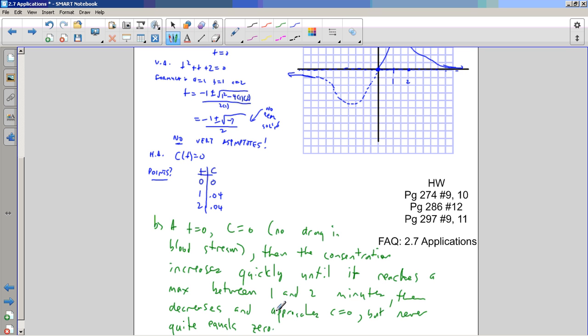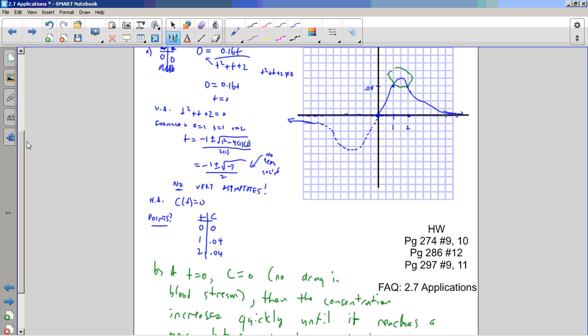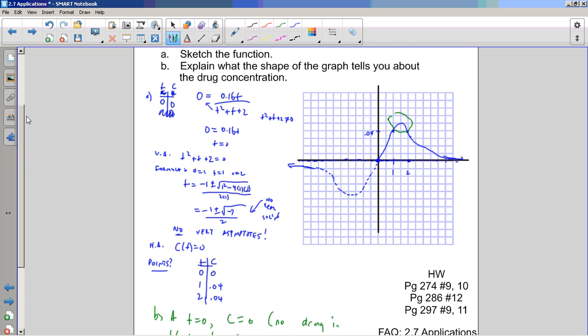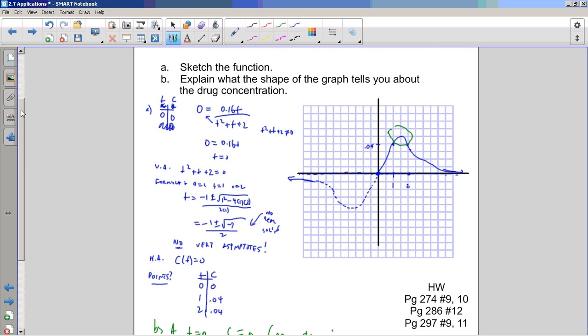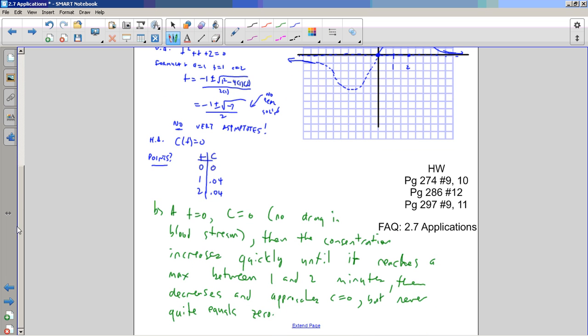So the consequence is, at least according to this model, there's always going to be a little bit of drug in the bloodstream, right? Maybe it's just the math model, or maybe it's like there's a drug residue that will always be with you, at least a little bit. Dandy. And that's the idea of T goes to infinity, C approaches 0, but never quite.